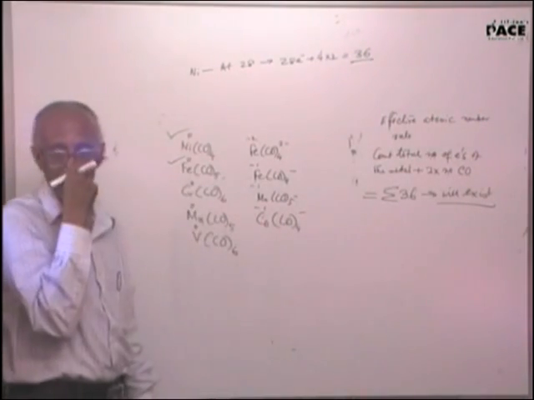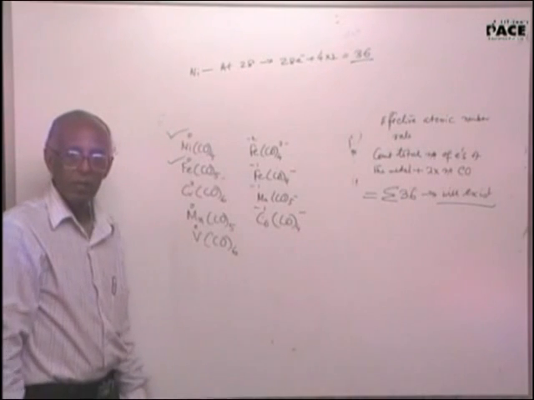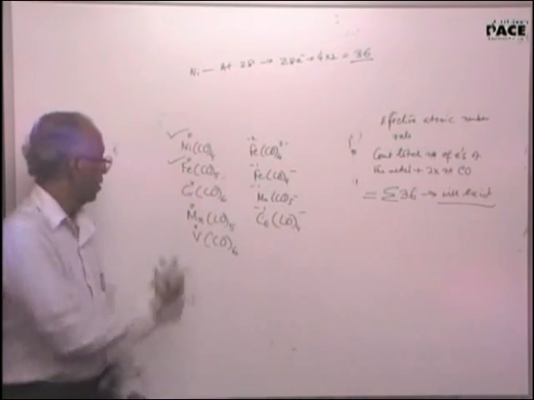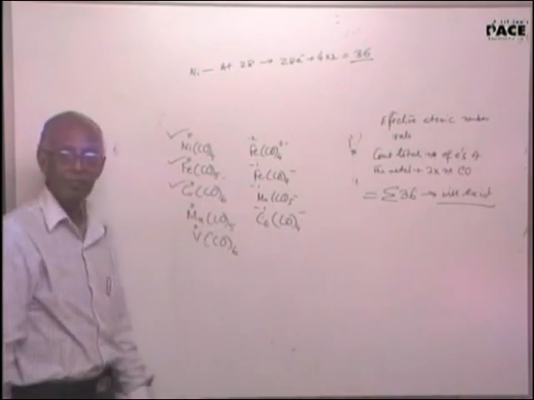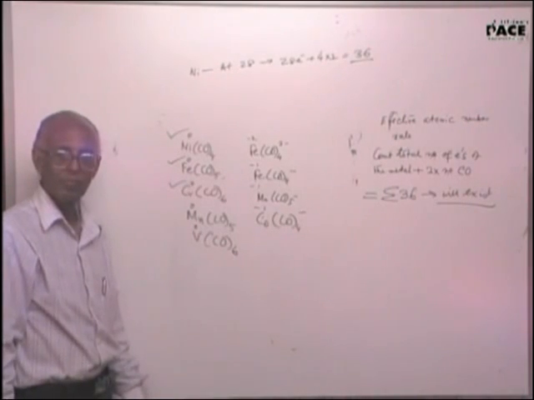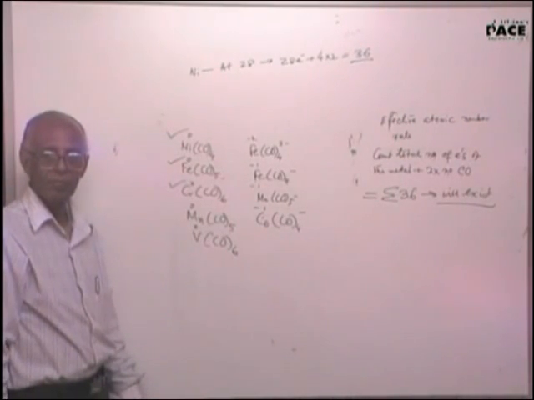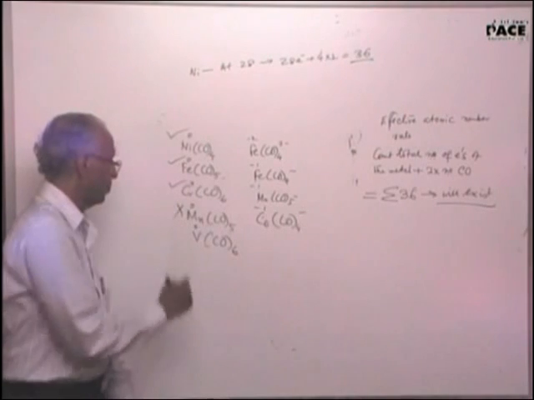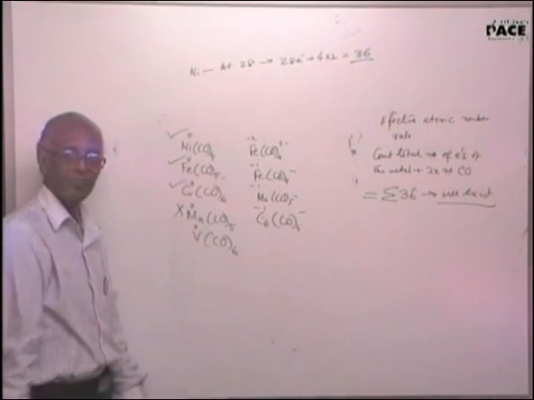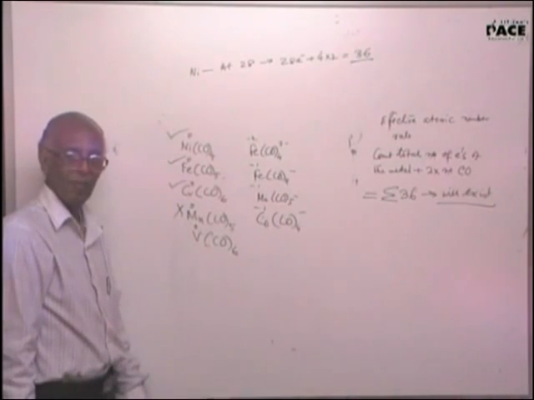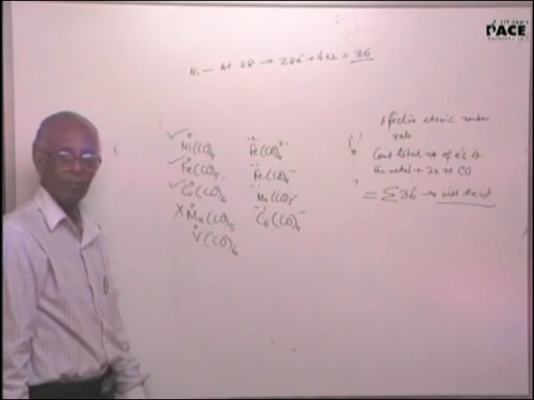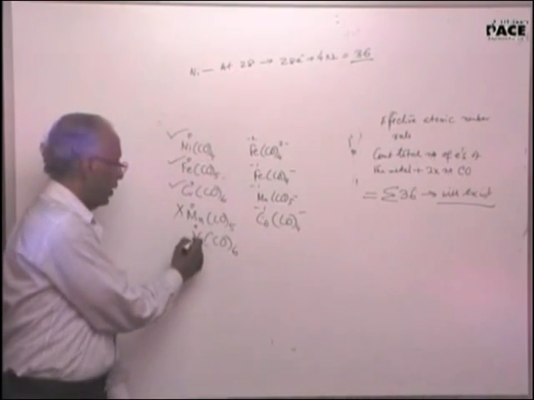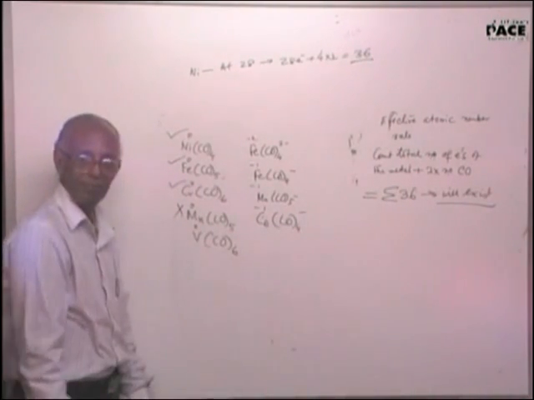This one? Exists. This one? 25 plus... no, does not exist. This? 23 plus 12, 35.